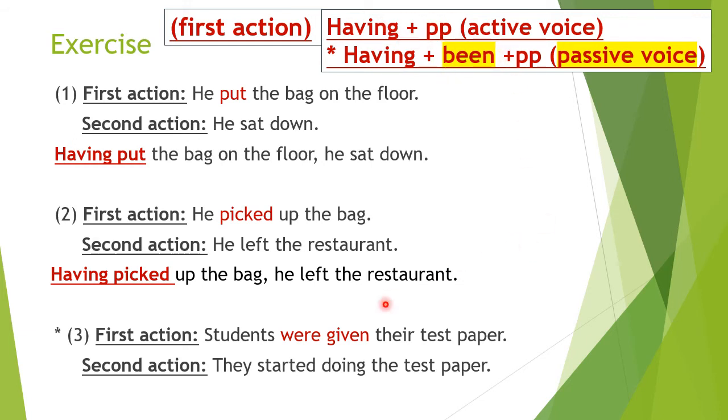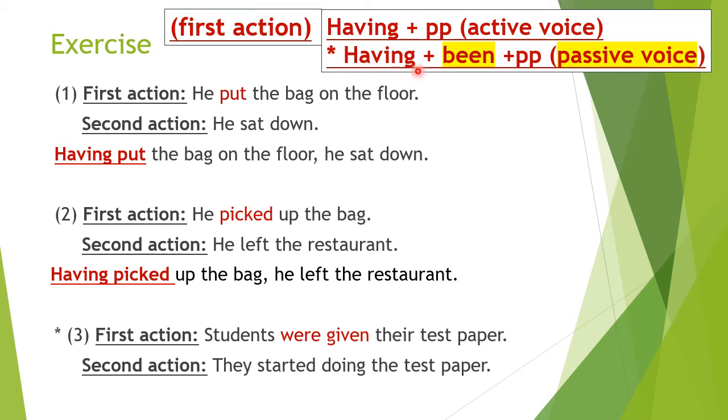They started doing the test paper afterwards, because the teacher gave the students their test papers. If you put the subject at the beginning, students were given, it becomes passive voice, but this is still the main verb. So we use the second format with the asterisk.